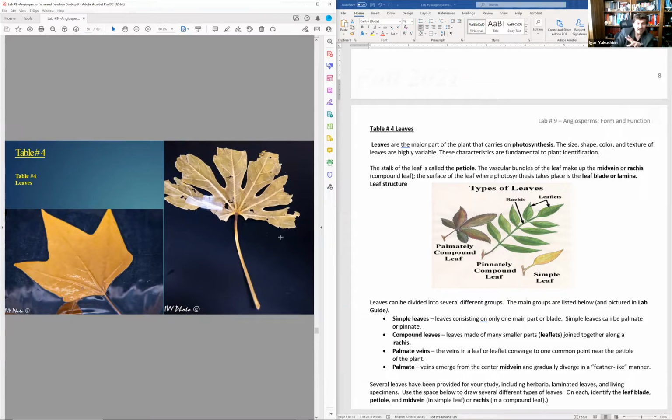And you guys are correct. It is simple, even though once again the blade is very jagged in this particular case, the cuts do not reach all the way to the end of the petiole. If they reached all the way, there would be separate leaflets, and that would be a compound leaf. But in this case, it's simple right here, and then it starts to separate, but it's still a simple leaf.